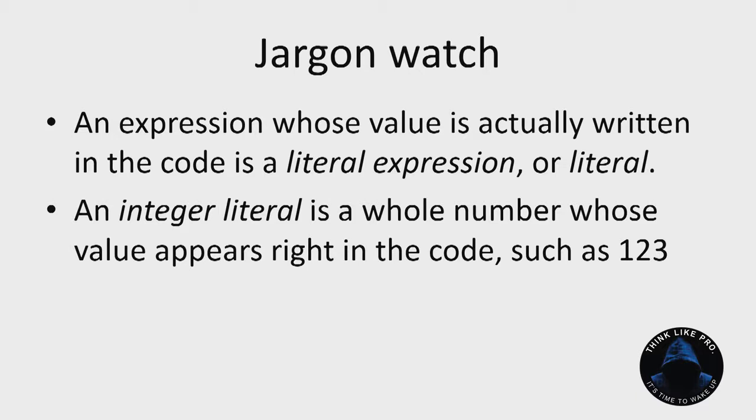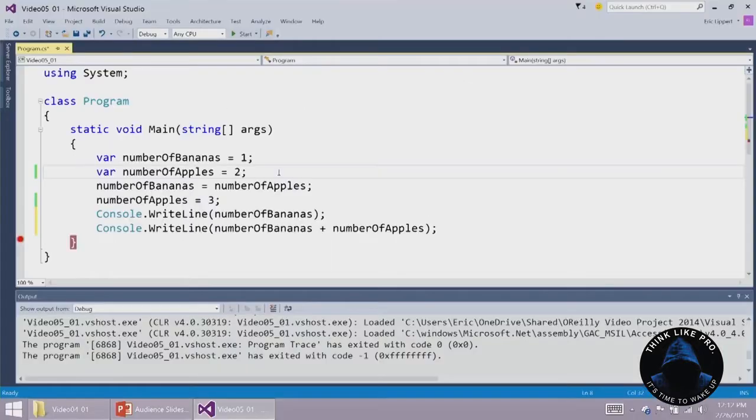So integer literals, as you would expect, are 1 and 2 and -6 and 0 and those kinds of things. Sometimes they're just called literals instead of literal expressions, but we always mean this is an expression whose value appears right in the code.